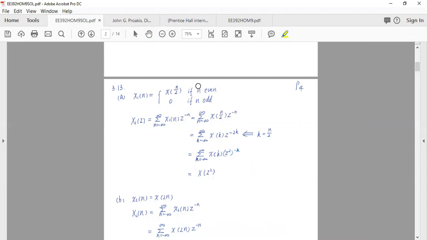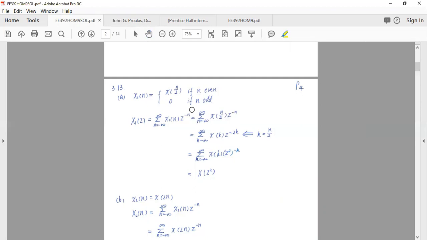While for n odd, everything is 0, so we don't have to perform the z transform of this; the z transform of this is equal to 0. So we just need to perform the z transform of x of n upon 2.